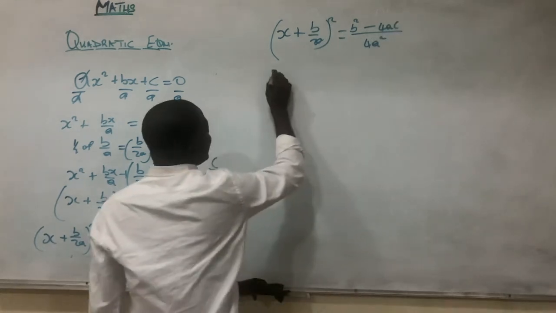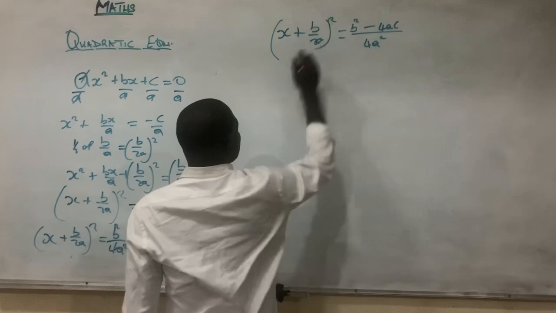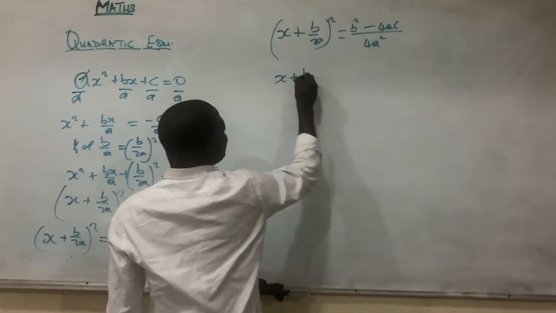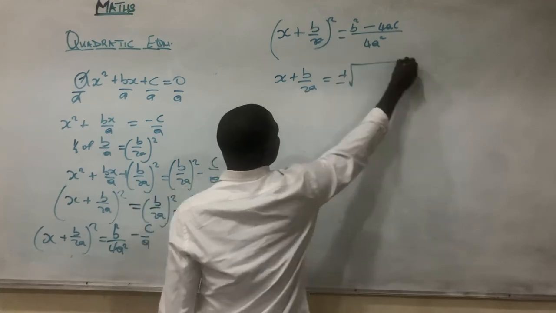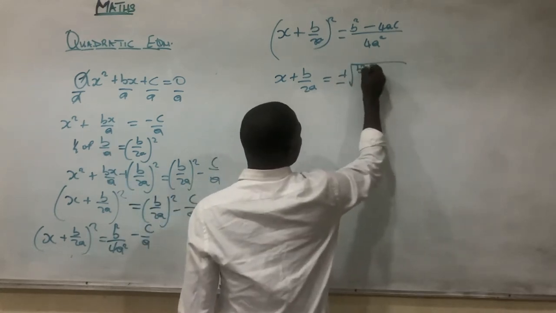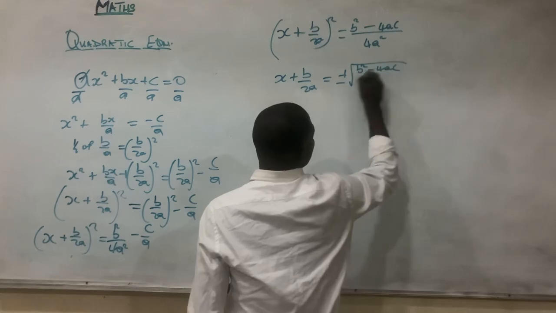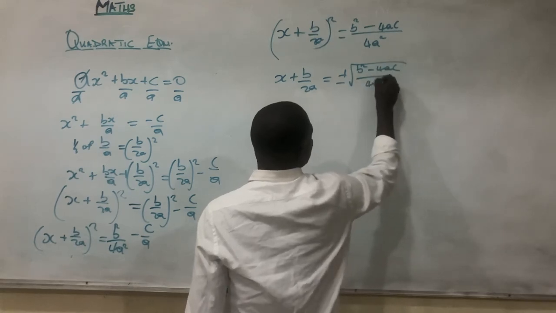Correct? Then take the square to the other side. We have x plus b over 2a equal to plus or minus the square root of b squared minus 4ac divided by 4a squared.